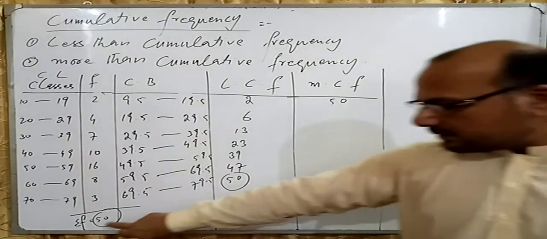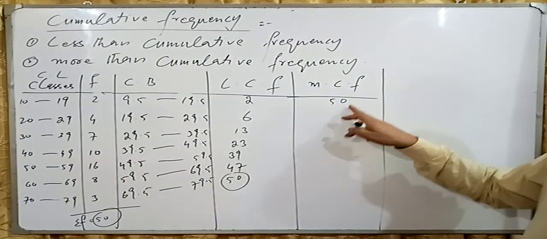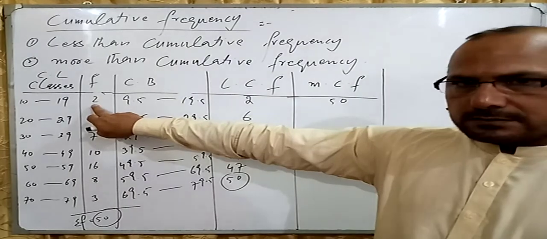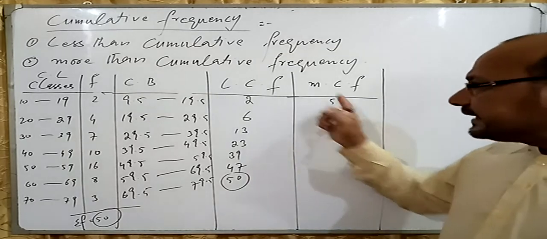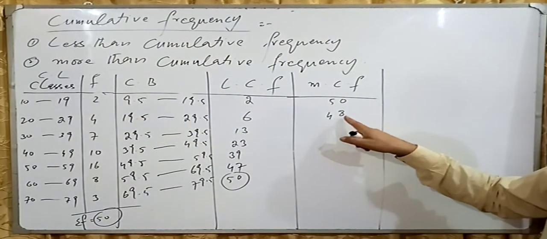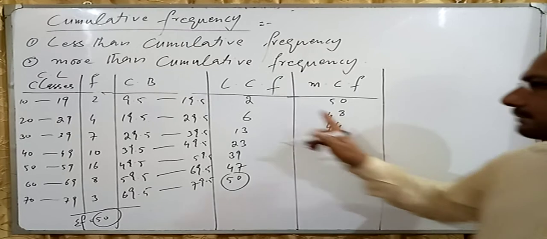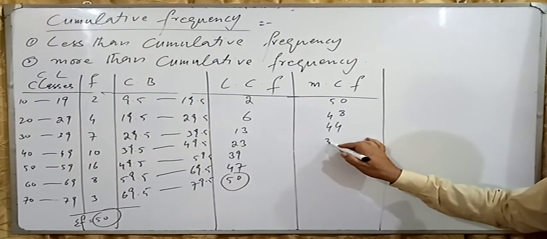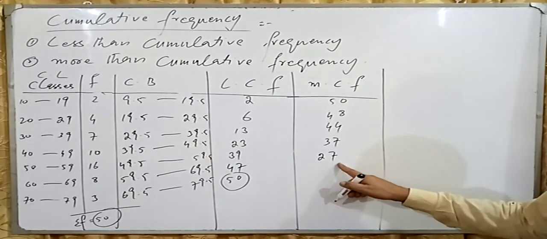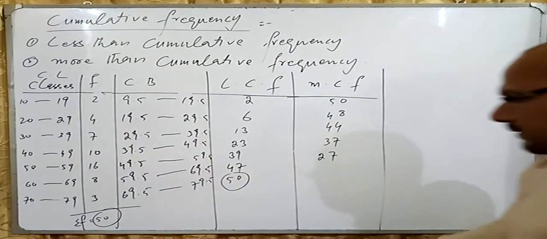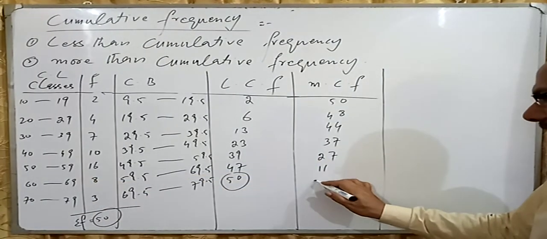The total frequency is 50, so start from 50. 50 minus 2, the second one becomes 48. 48 minus 4, 44. 44 minus 7, 37. 37 minus 10, 27. 27 minus 16, 11. 11 minus 8, so it becomes 3.